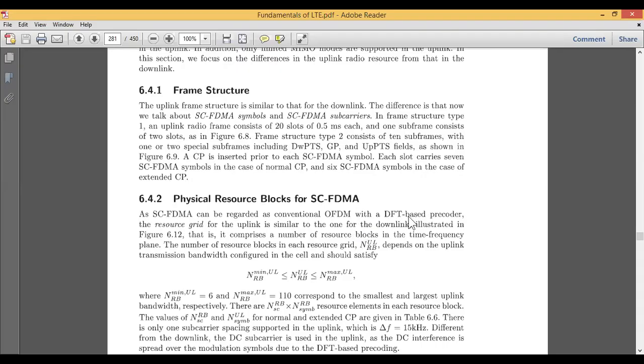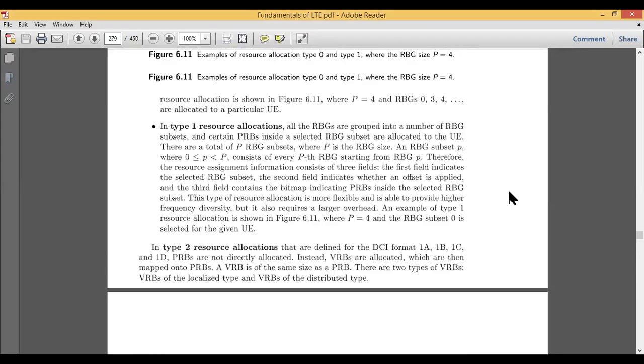Right now we make use of FFT algorithms and very advanced algorithms, but here the conventional OFDM makes use of a DFT-based precoder. The resource grid of the uplink is almost similar to that of the downlink. There is not much difference between the uplink and downlink; they are almost similar to each other.